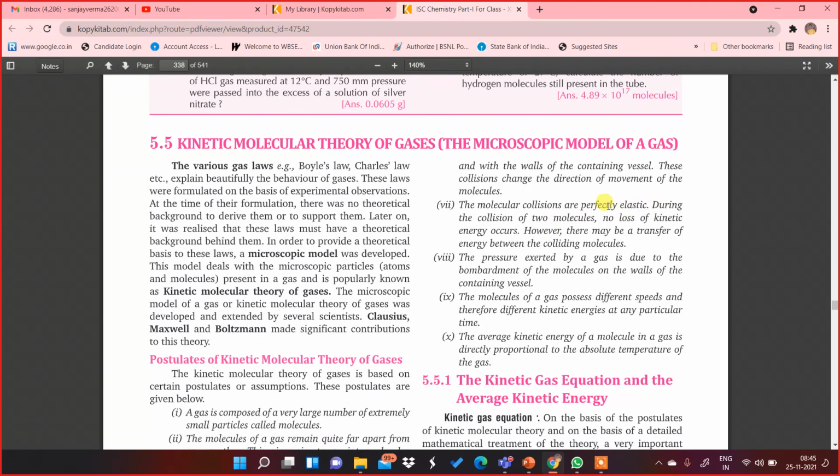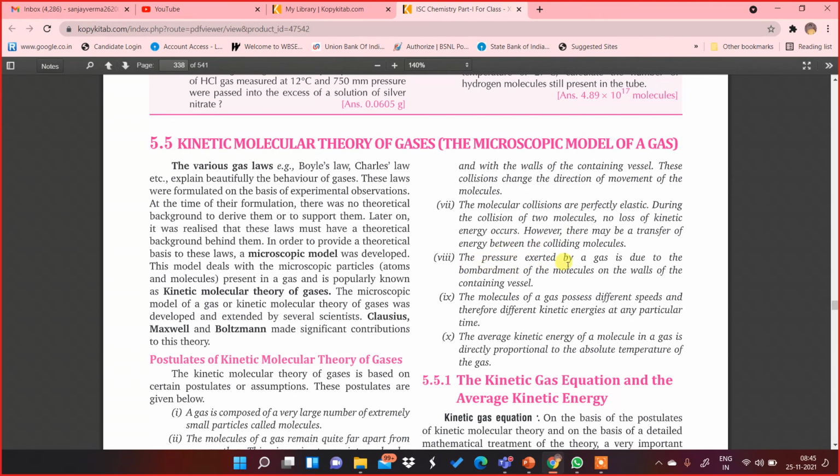These collisions change the direction of movement of the molecules. Then, number 7, the molecular collisions are perfectly elastic. They bounce. During the collision of two molecules, no loss of kinetic energy occurs. However, there may be a transfer of energy between the colliding molecules. Important point to note.